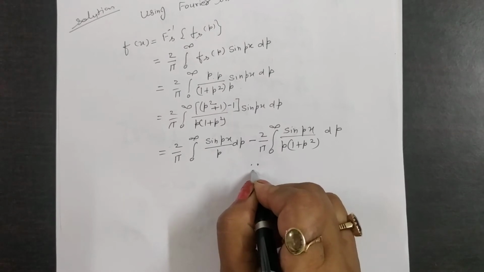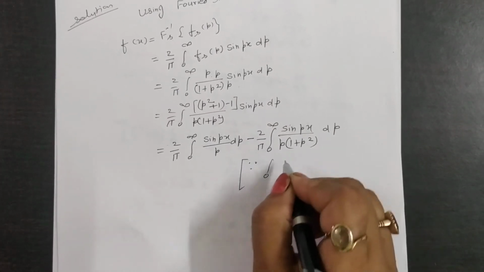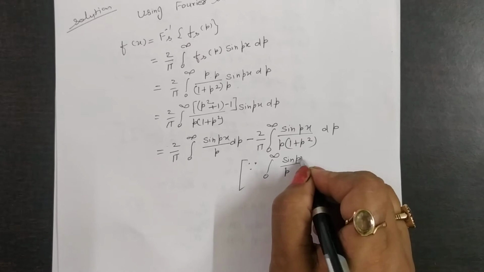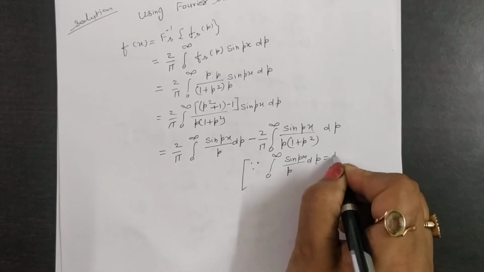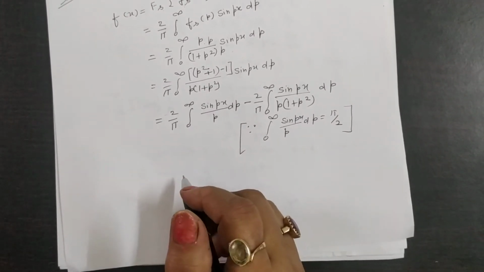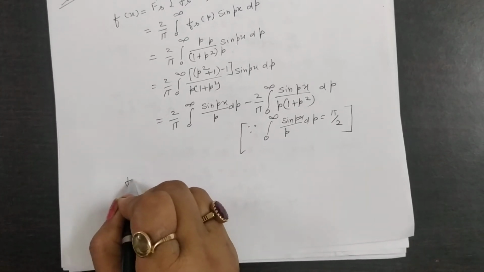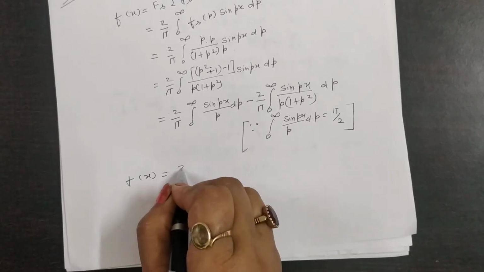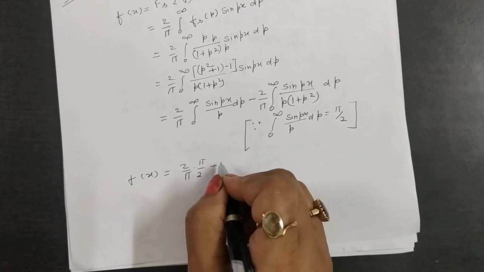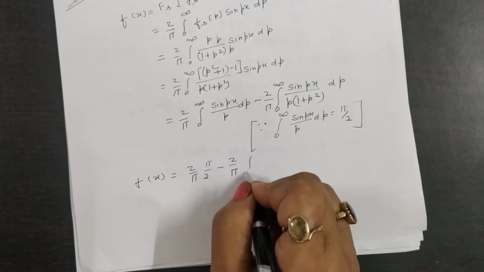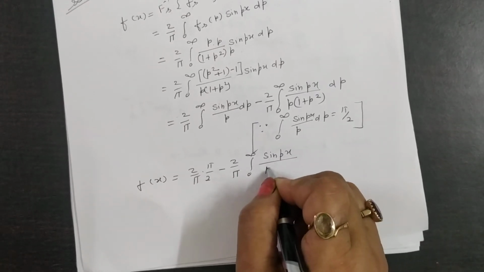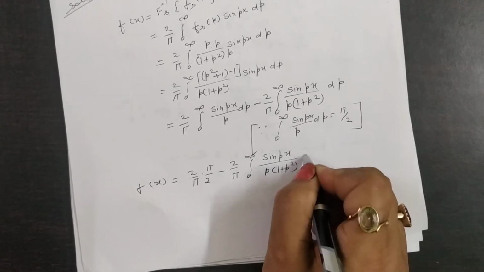Since we know that the integral from 0 to ∞ of sin(px)/p dp is equal to π/2, which we evaluated earlier, f(x) is equal to 2/π times π/2 minus 2/π ∫ from 0 to ∞ of sin(px)/(p(1 + p²)) dp.